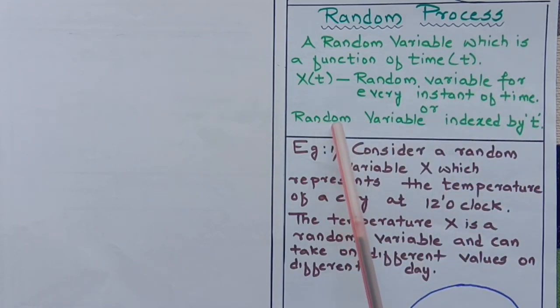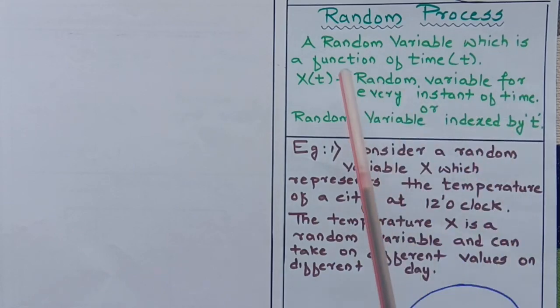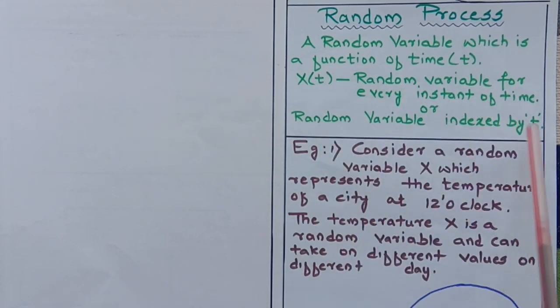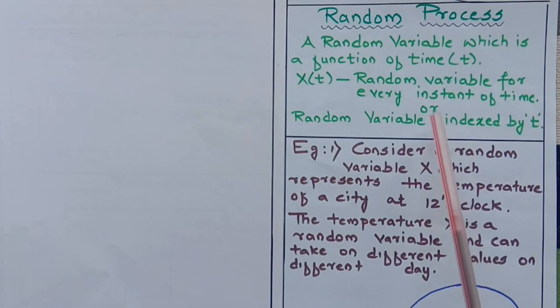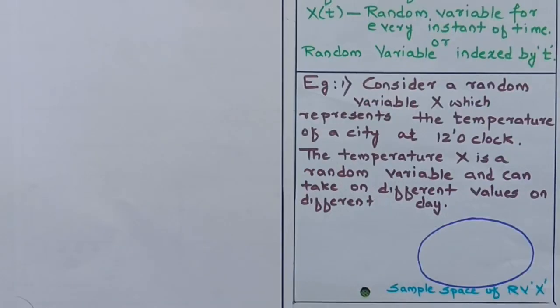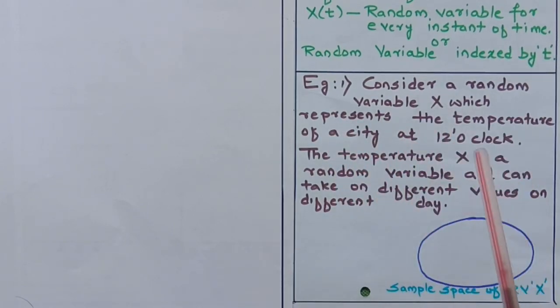Or we can say a random variable indexed by t. So t over here is the indexing set. Now consider a random variable x which represents the temperature of a city at 12 o'clock. We are going to consider this as an example.